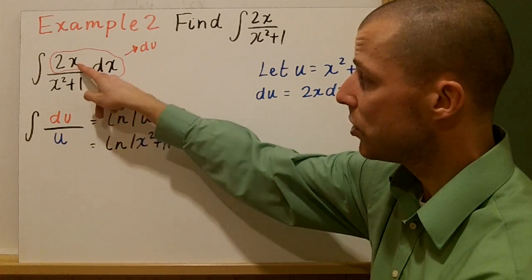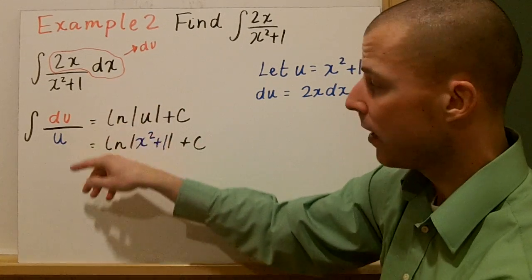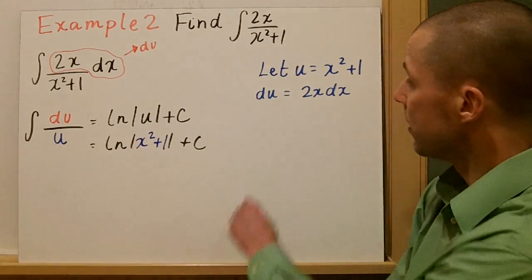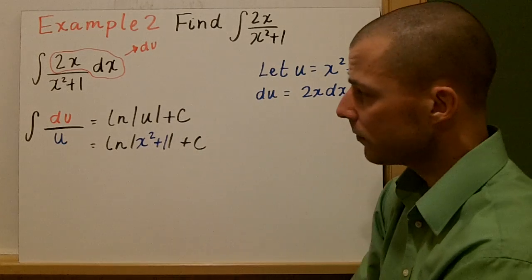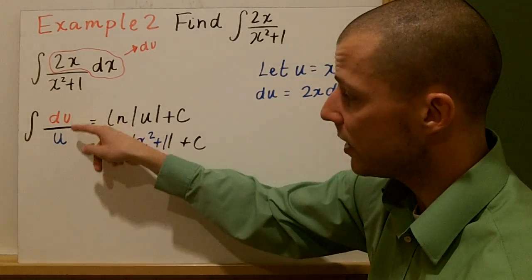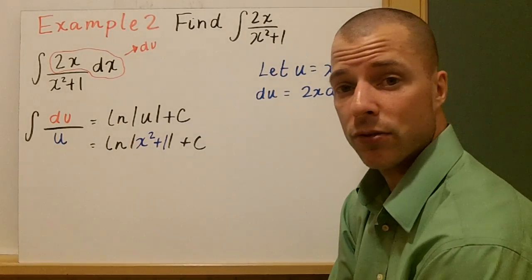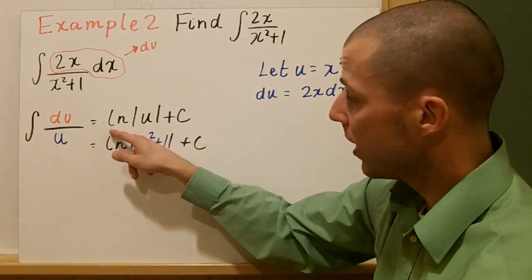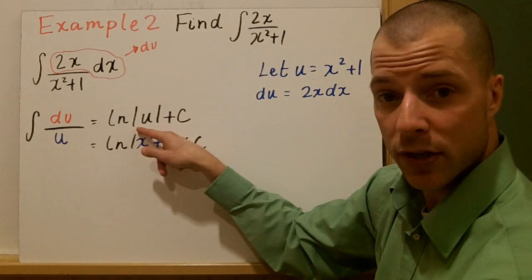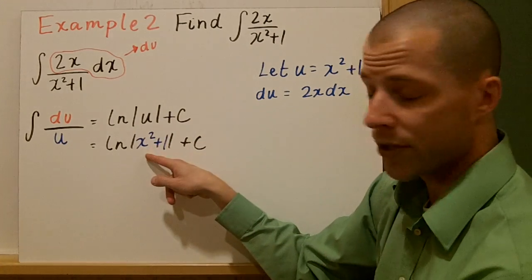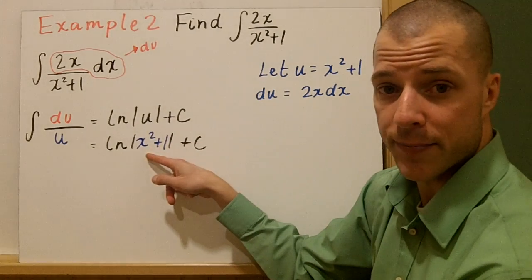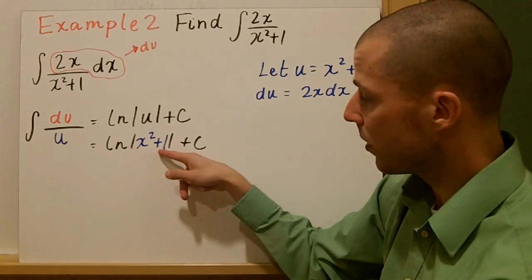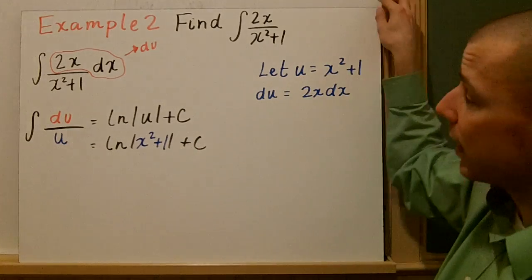We replace 2x dx with du, and x squared plus 1 gets replaced with u. Right away we see du over u, and there's that natural logarithm integration. So we have the natural log of the absolute value of u plus c, and just substitute your u value in. We get the natural log of the absolute value of x squared plus 1 plus that constant c.